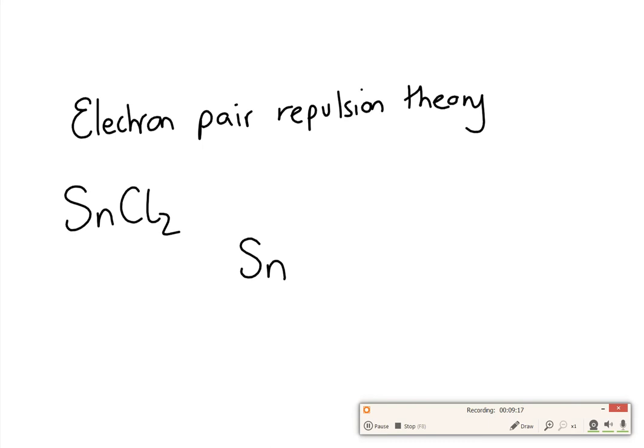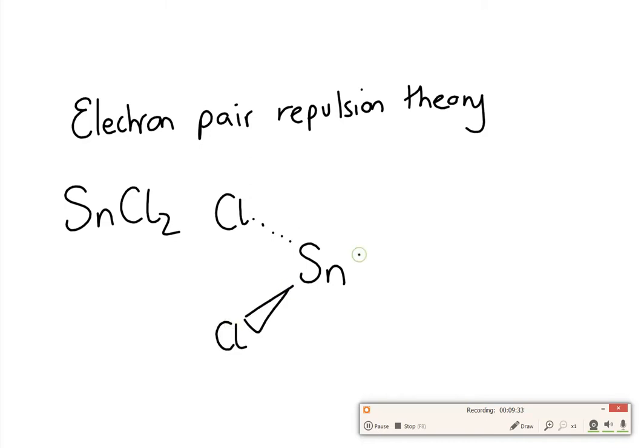So rather than this linear structure that we saw, we now have a structure that looks like that. I'll just change my lone pairs to look across this so they can be easily seen. So we now have a structure that looks like that, okay?